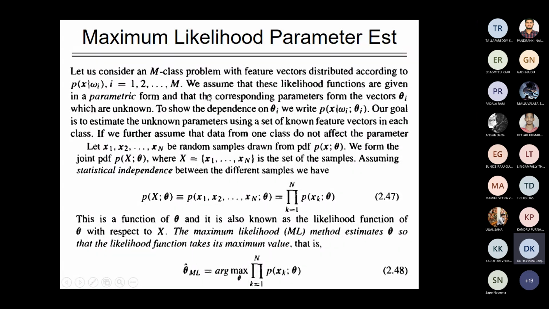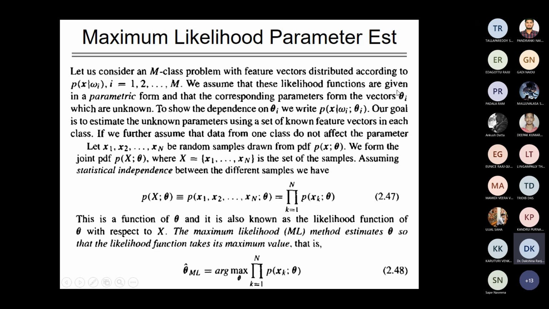And here we assume that these likelihood functions are given in a parametric form. That means the parametric form is already specified, and the corresponding parameters form the vectors theta i, which are unknown. So the parameters that we would like to determine are nothing but the vectors theta i.